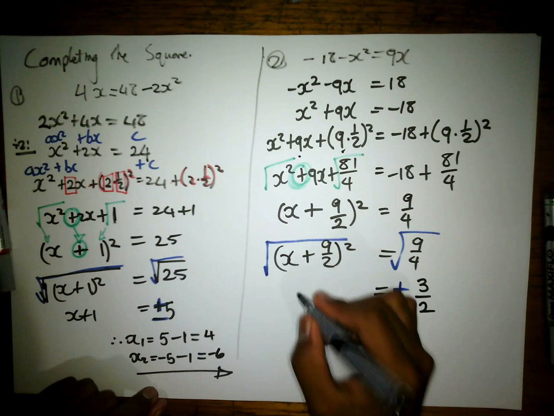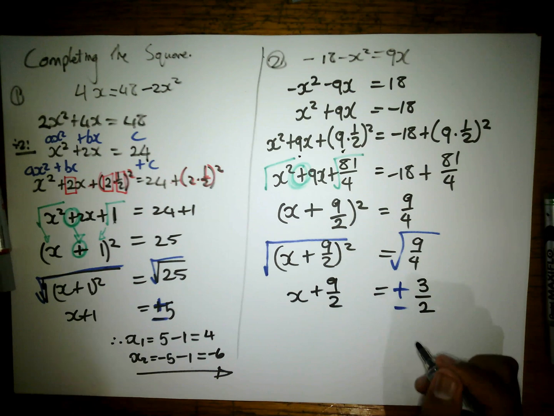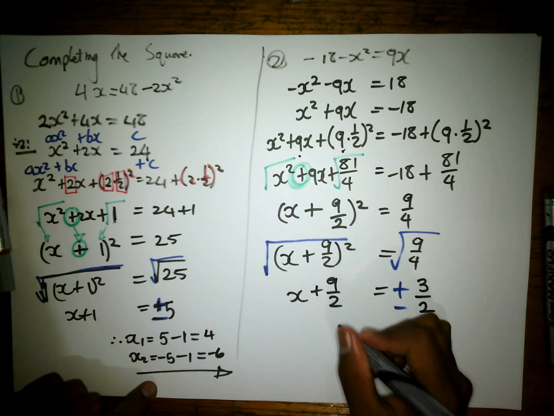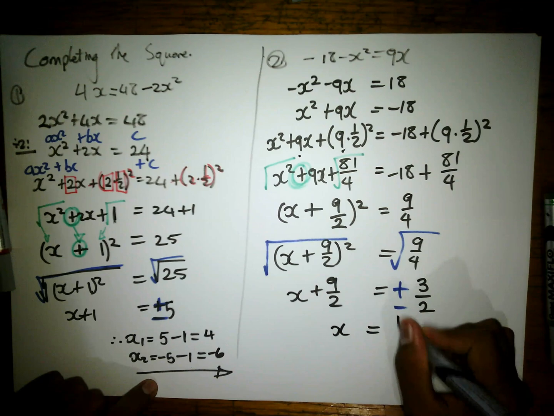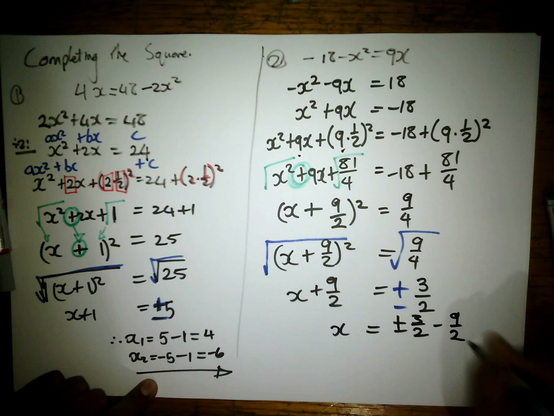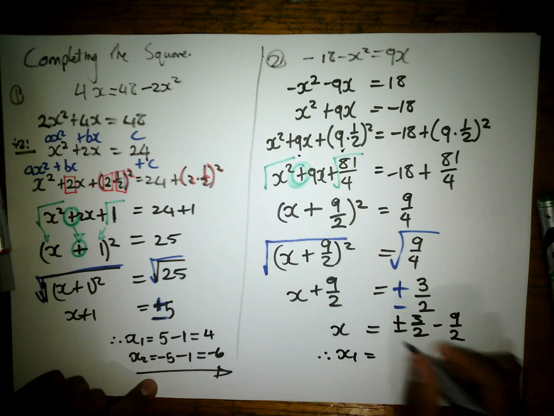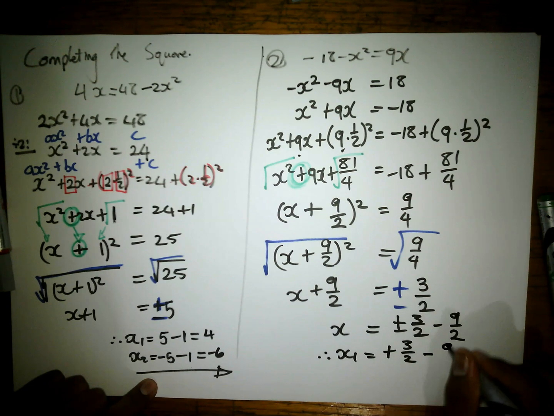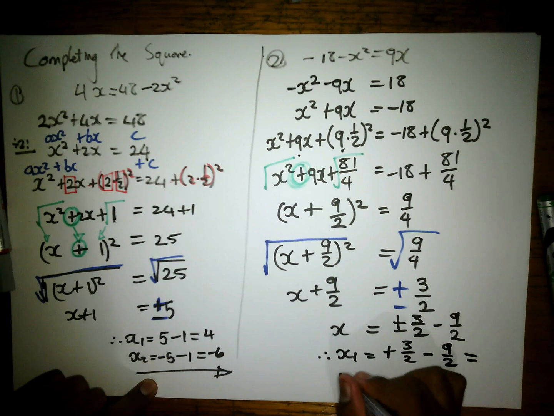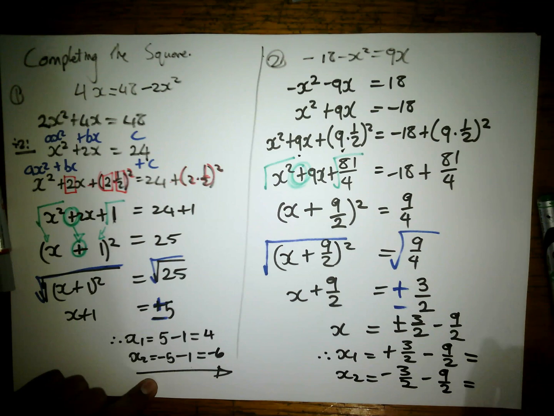Then here we're left with x plus 9 over 2. X equals plus minus 3 over 2 minus 9 over 2. Therefore, x1 equals positive 3 over 2 minus 9 over 2, x2 equals negative 3 over 2 minus 9 over 2.